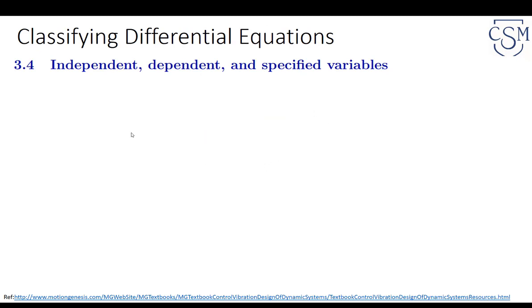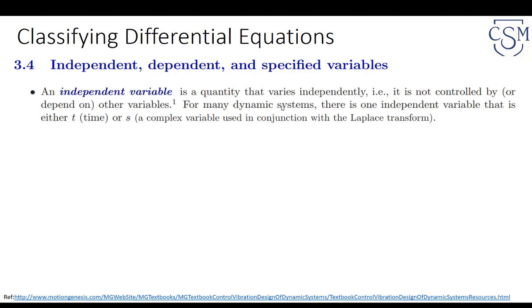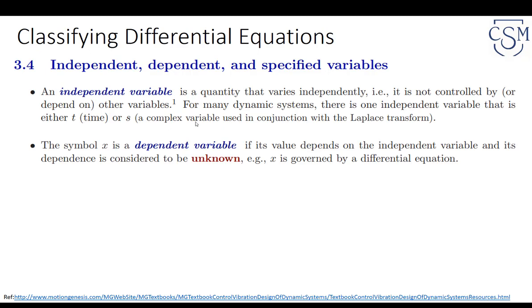First, it is important for us to understand the difference between an independent and dependent variable, as well as specified variables. An independent variable is a variable that is independent with respect to the dependent variables. For example, in dynamic systems, we often think of time as the independent variable, where other variables that are dependent on time, such as position, are called dependent.